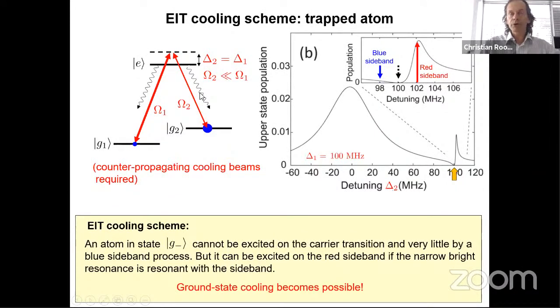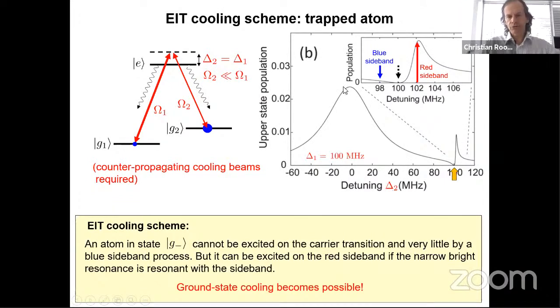And if you remember the lecture by Dietrich Leibfried, then you might remember that what one wants to achieve is a good absorption on the red vibrational sideband, as compared to the absorption that you have on the blue sideband and on the carrier transition. And this is exactly what you achieve here. So the excited state population goes up if we detune laser number 2 just by a little more.